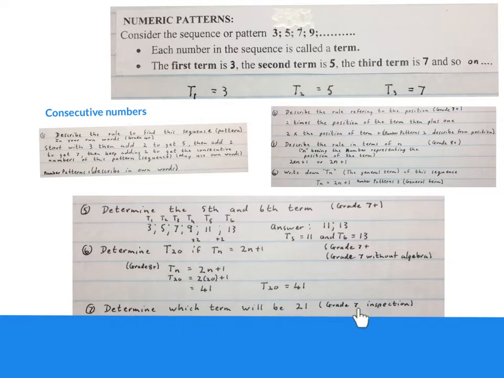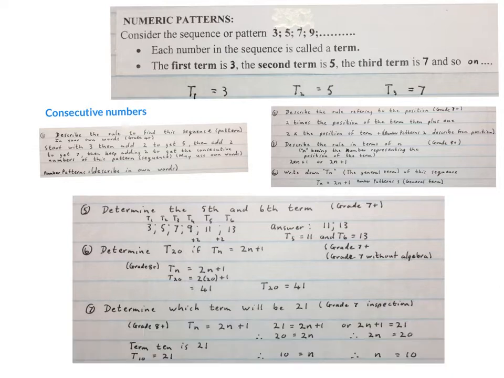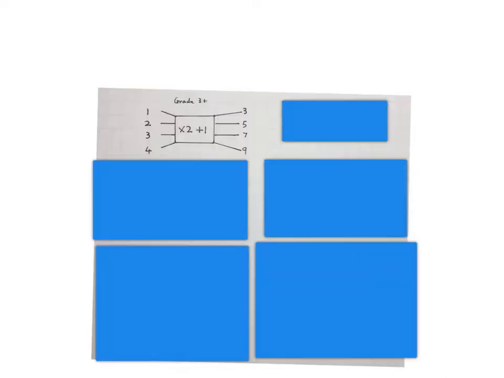In grade 7, we'll use inspection. That means we'll guess. Let's say it's the 7th term and see if it's 21, and then we take the 10th term and see if it's 21. After grade 7, we will use algebra, one of these 2 methods, and then write term 10 is 21 or T10 is 21.